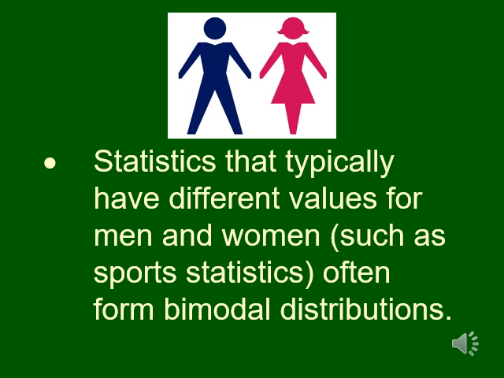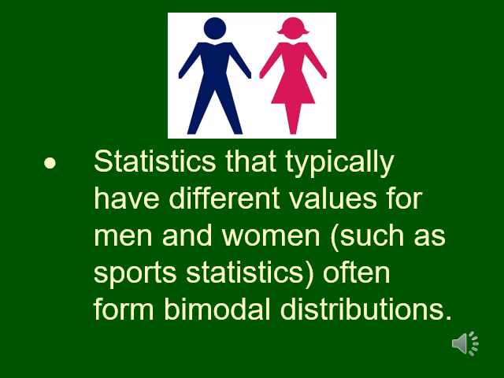Bimodal data actually happens all the time when you have statistics that can take on different values for men and women. For instance, you could look at sports records over the years, and very often you will have different records for men than you do for women just because of the nature of people's bodies, and it will form a bimodal distribution.